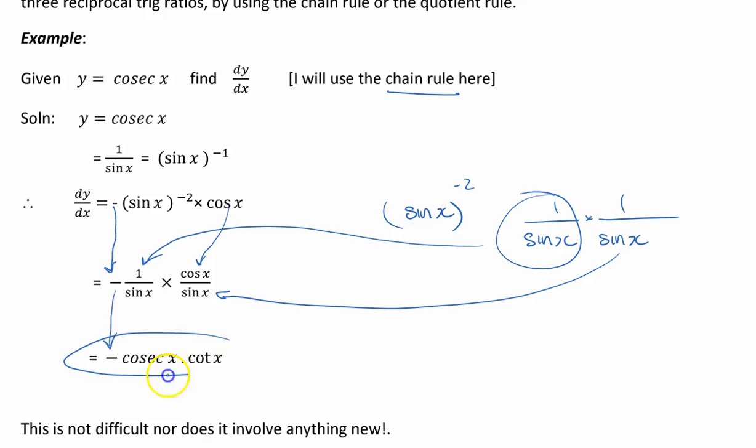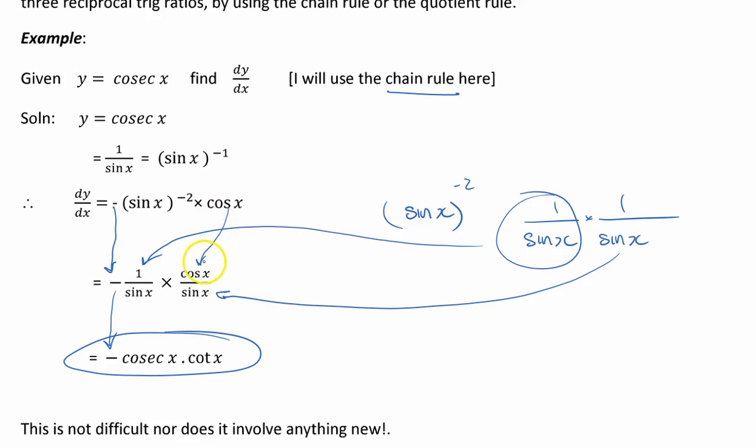So that is what the textbook is suggesting you learn off by heart, whereas just in case it's another thing you don't want to have to learn off by heart, then you don't need to. It's nothing difficult, nor is it new. You know how to use the chain rule. You know your understanding of cosec. You know your understanding of differentiating a negative power.